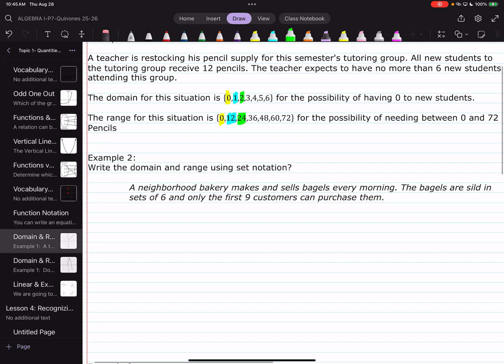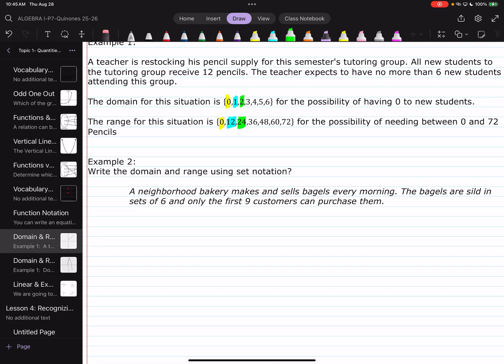So here's my next example. I want you to write the domain and range for this example. The neighborhood bakery makes and sells bagels every morning. The bagels are, and I misspelled that, I should say sold in sets of 6. And only the first 9 customers can purchase it. So I want you and your groups to write the domain and range for this scenario.